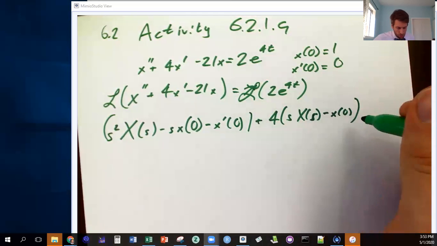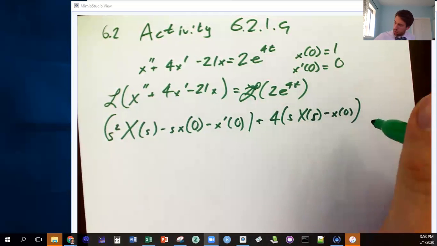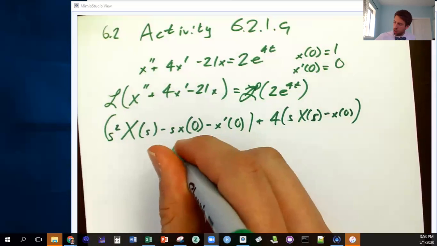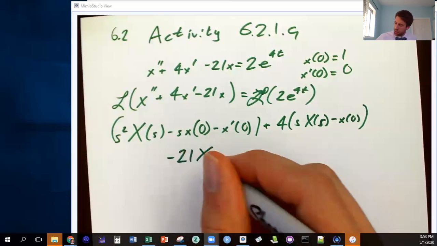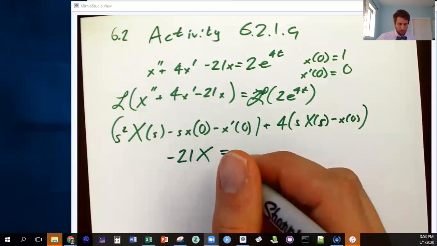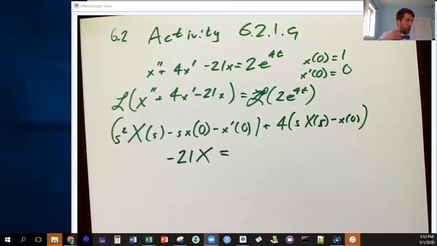Minus 21 big X equals, now looking at my table, I have an e to the 4t, and the 2 just stays.